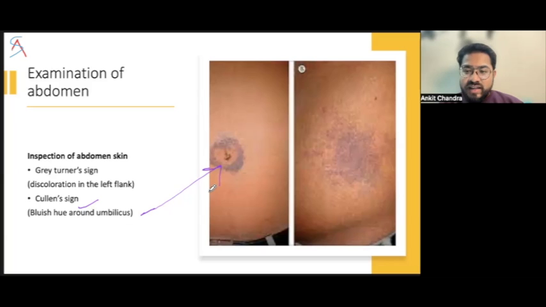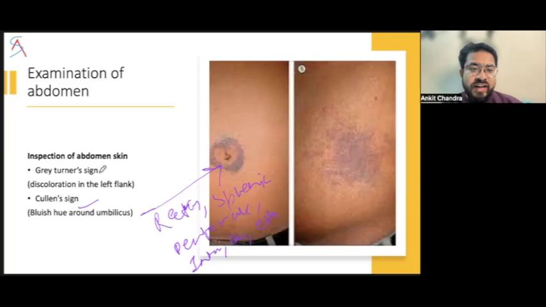It is seen in acute pancreatitis, and also in rectus sheath hematoma, splenic rupture, perforated ulcer, intra-abdominal cancer or ruptured ectopic pregnancy. You can also see it as a complication of anticoagulation.